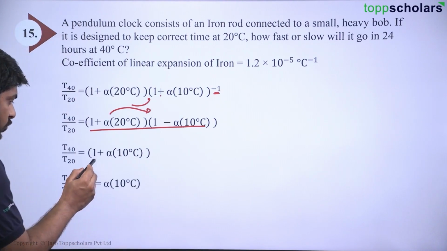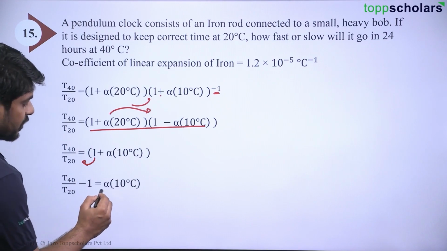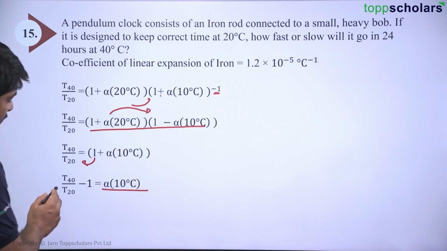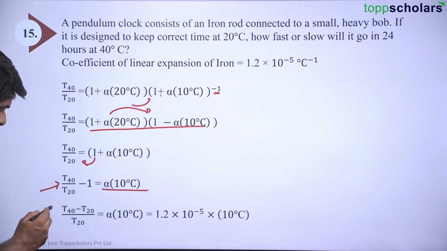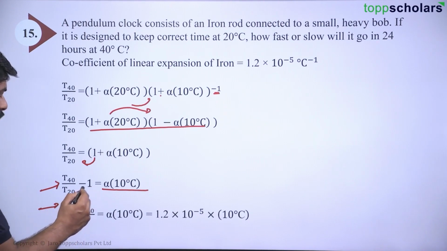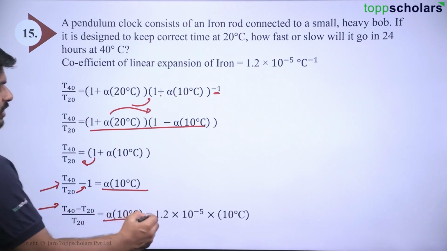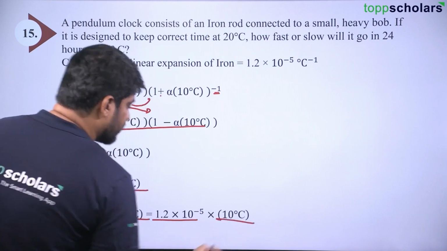If you take this 1 to the other side, you get T40 upon T20 minus 1 is equal to alpha 10 degrees Celsius. If you cross multiply, what you get is T40 minus T20 upon T20. Now we know these numbers, alpha is already given, and this is 10 degrees Celsius.